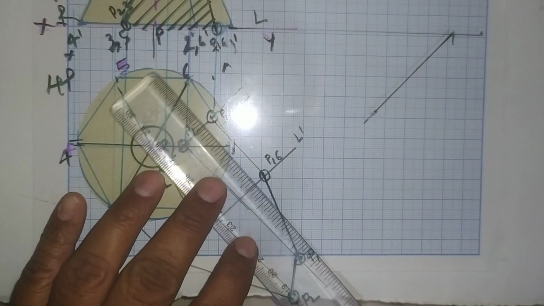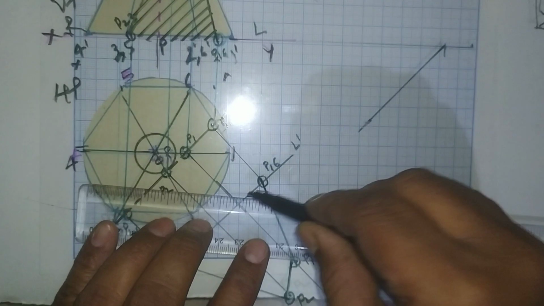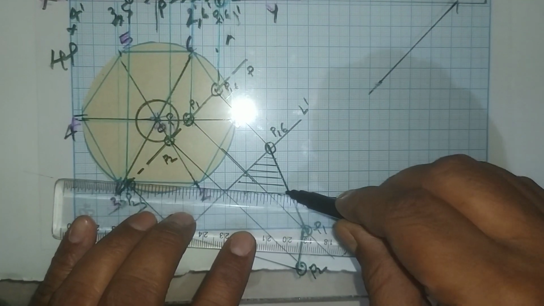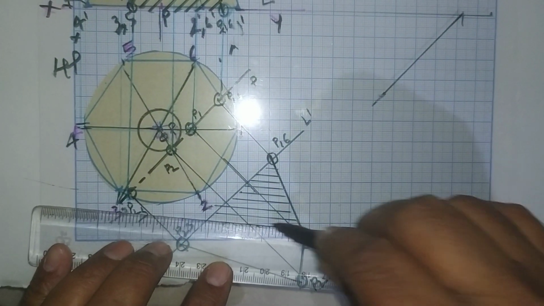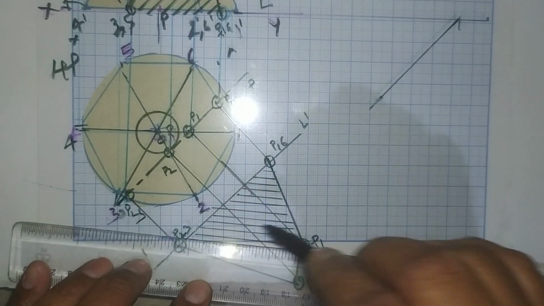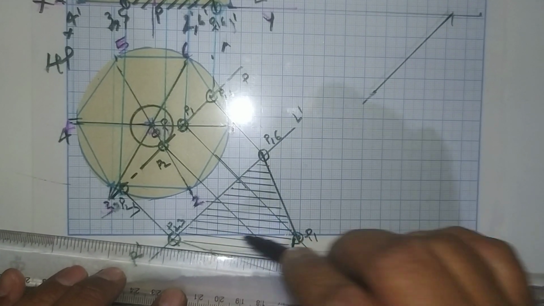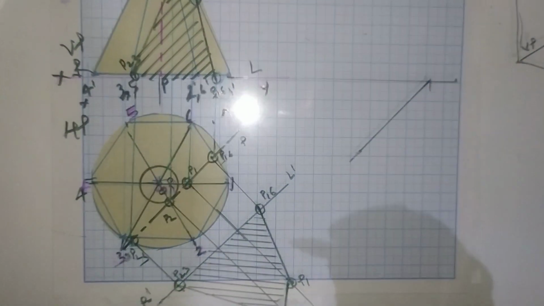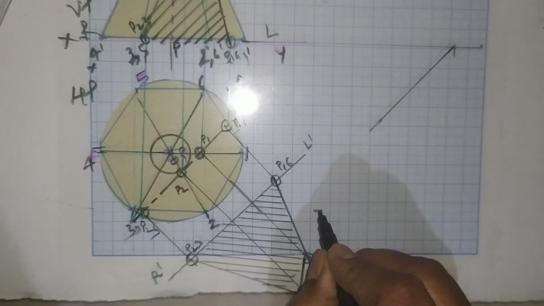This is 90, so half of 90 is 45. The distance between the two lines is 1 to 1.5 mm. Now this portion of the object is called the true shape of section.